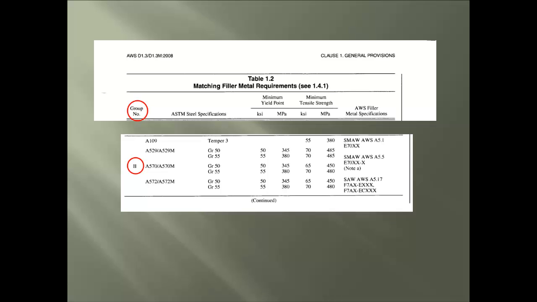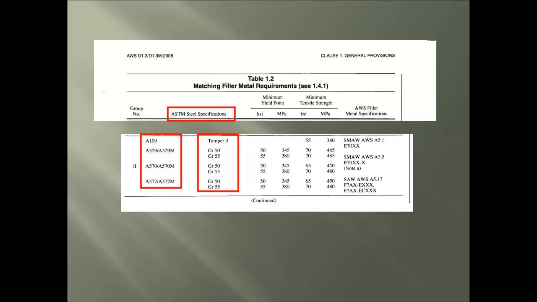And with the closer look, you see we are in group number 2, which is how the base metal is sometimes referred to. Next, we see the actual base metal specification plus the grade for this group 2.